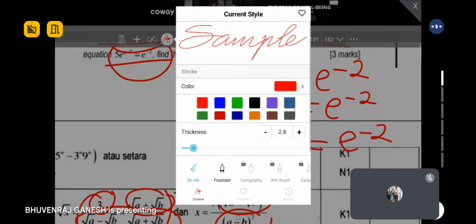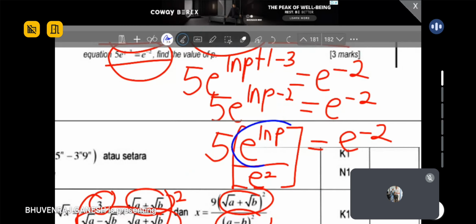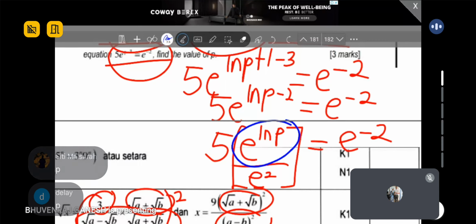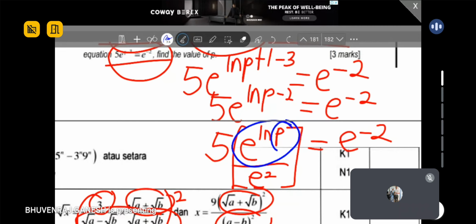So guys, may I know, very important, what is this value? Anyone can tell me? Recent trend, right? Trial questions like to ask this. A lot of trial questions ask this. Yes, very good. Always remember when you have e to the power of ln, or log also same, you just take the number only.